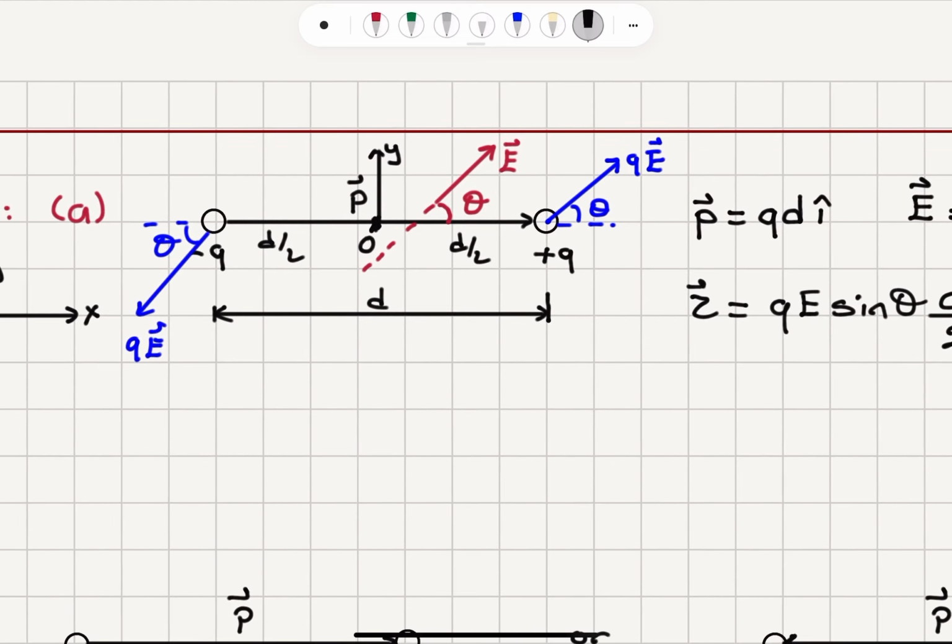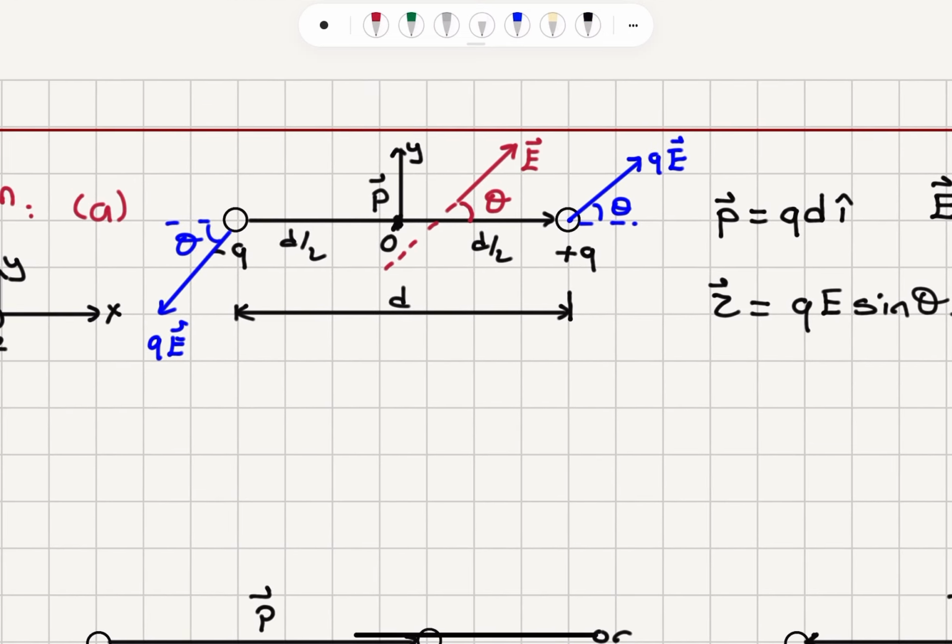And how about the torque due to this force? This is going to be qE sine theta, and the perpendicular distance between this force and the pivot point is d over 2. Using the right-hand rule, the four fingers point from point O to minus q. We curl them towards the force, and the thumb points out of the board again.